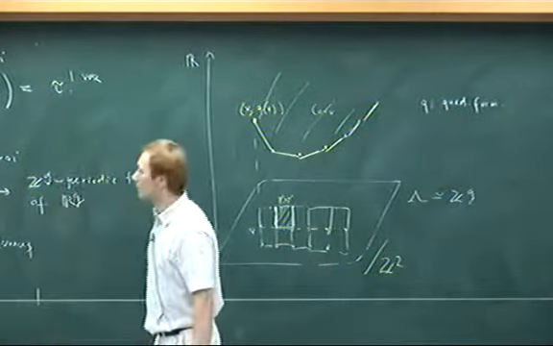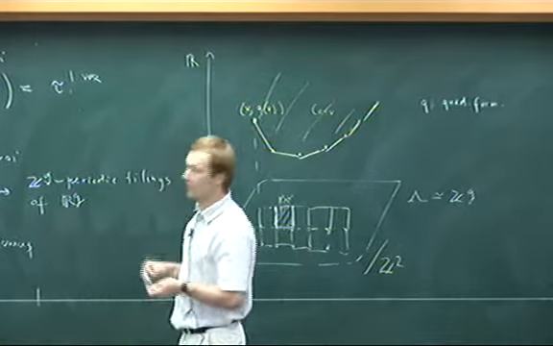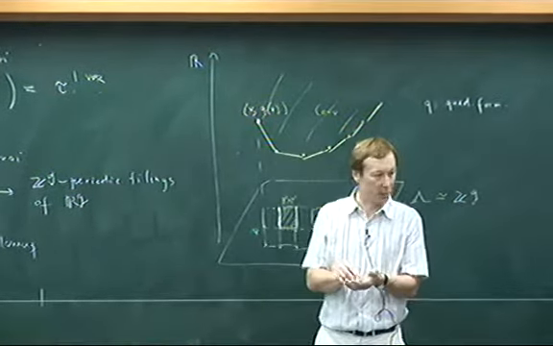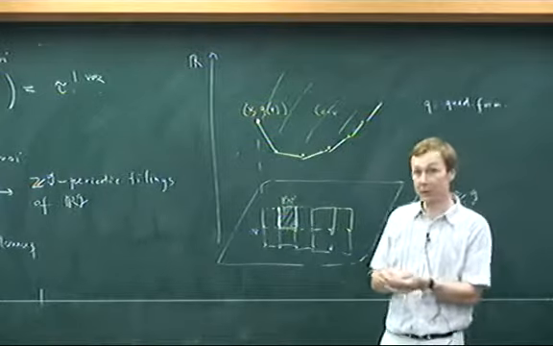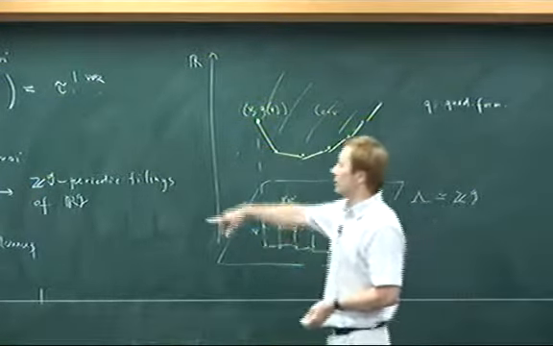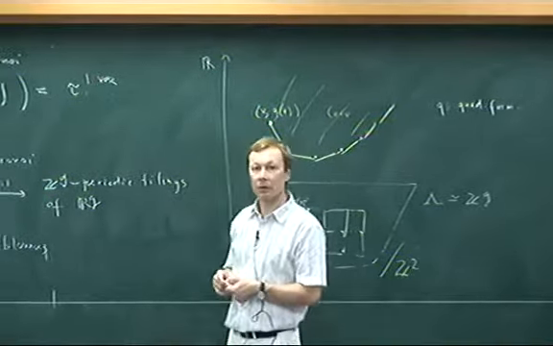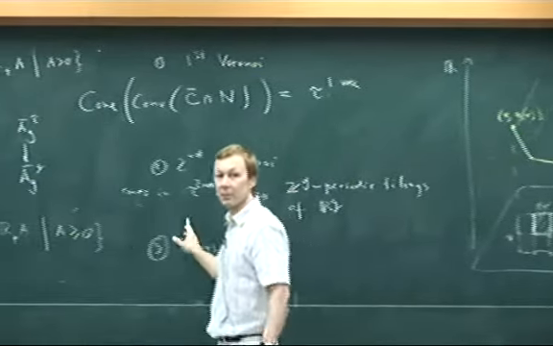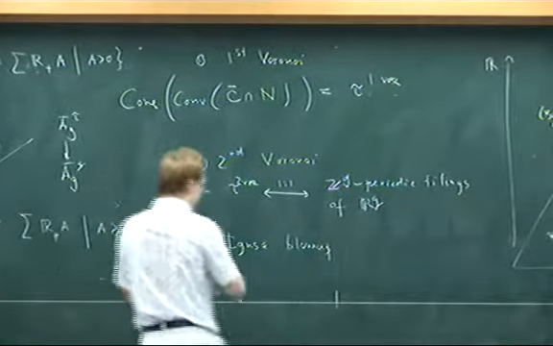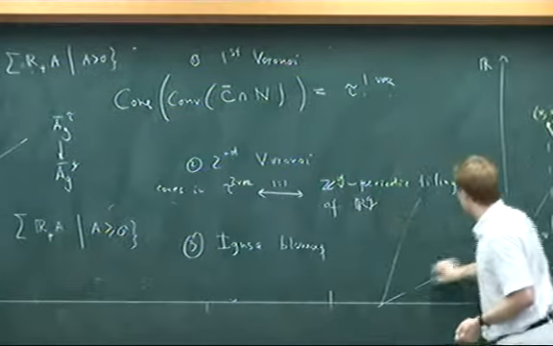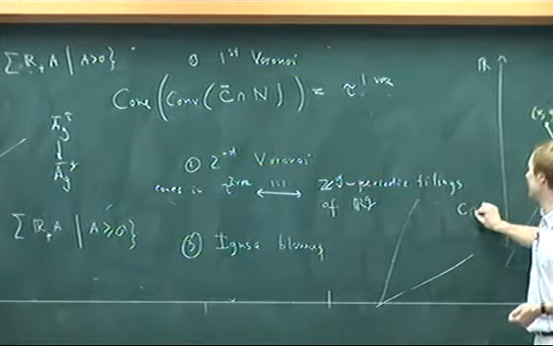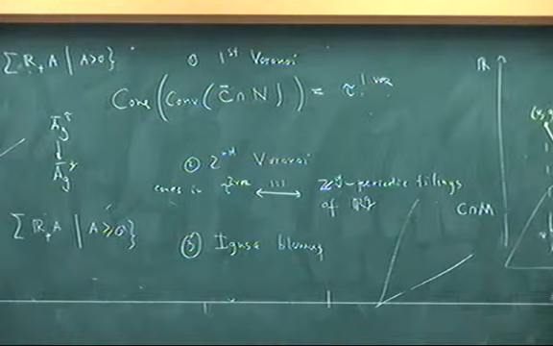Now the Igusa blow-up. Okay, let me skip that definition. I'll say it in words. Here's what you do. You look at C and you intersect it with M. I recall this is where the monomials live.